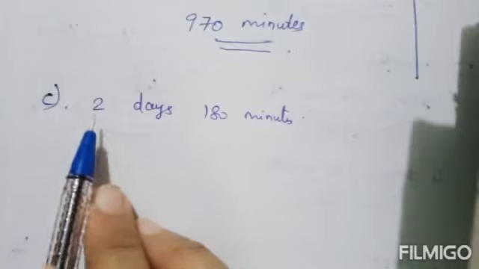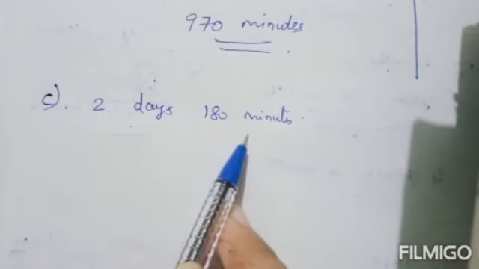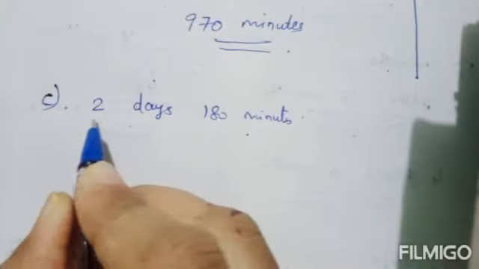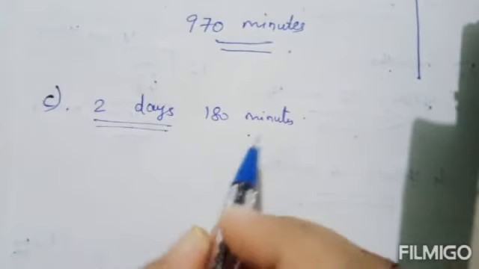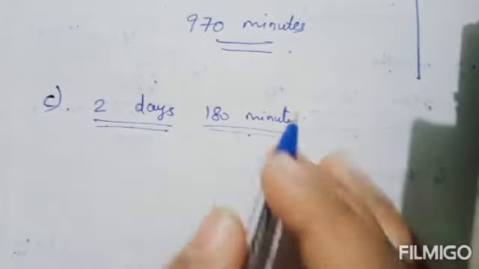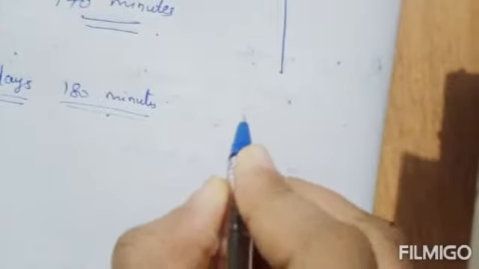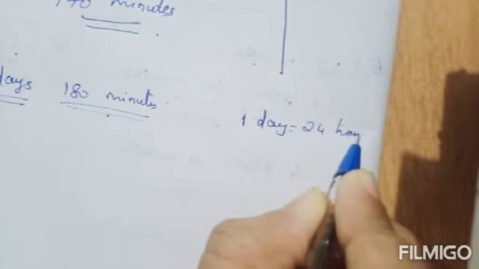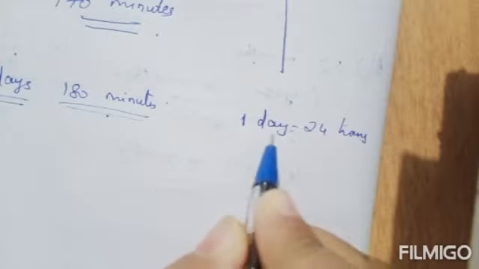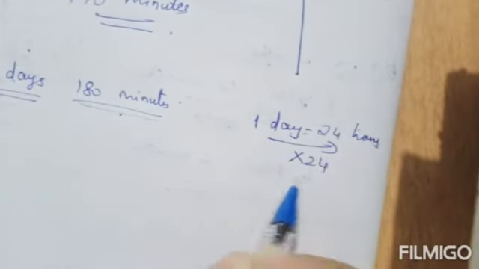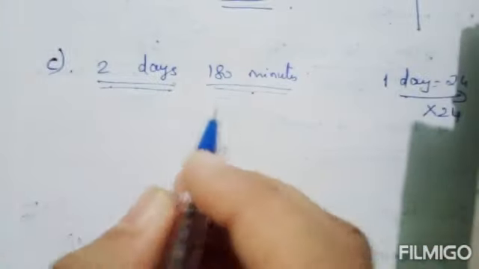Next, part C, 2 days 180 minutes into hours. Okay, so these days you have to convert to hours and minutes also you have to convert to hours. Now days to hours, we know the relation 1 day equal to 24 hours. So in order to convert days to hours, just multiply by 24. Okay, so 2 days, how can we convert to hours?